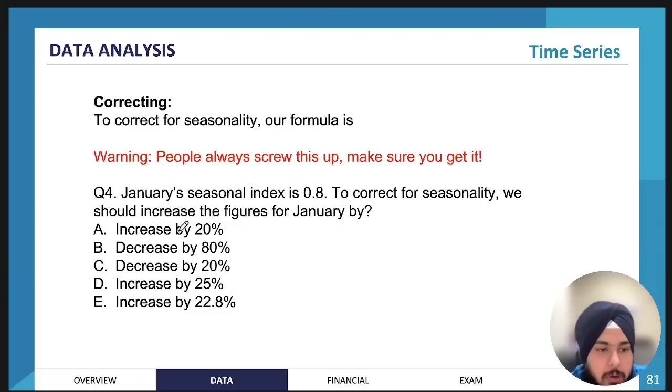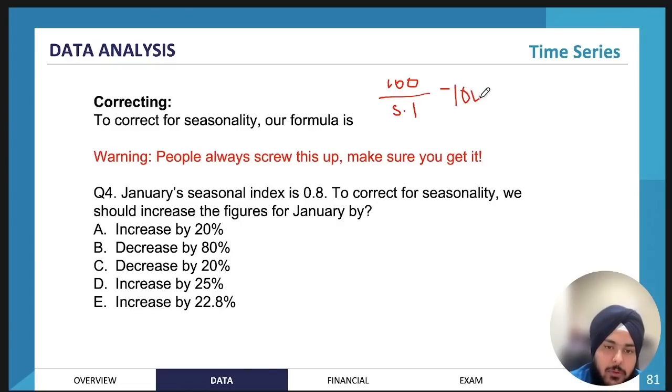And now in terms of correcting for seasonality, we have a formula. Correcting for seasonality is essentially where we have a particular value, but we want to correct it. So what if there were no seasonal variation? What would that value be? That's essentially correcting for seasonality. The way you can do it is 100 over seasonal index minus 100.